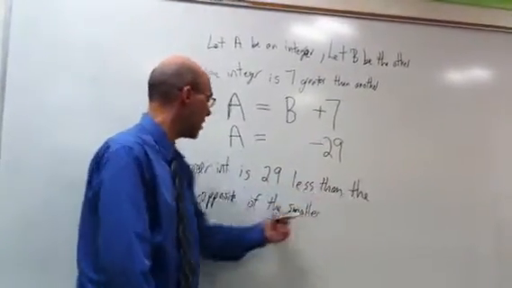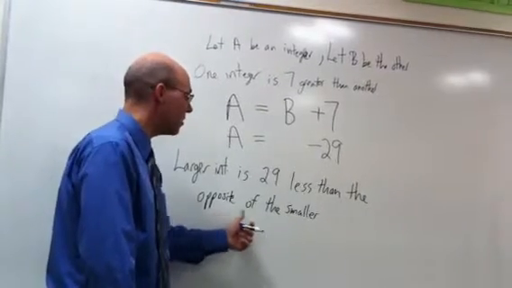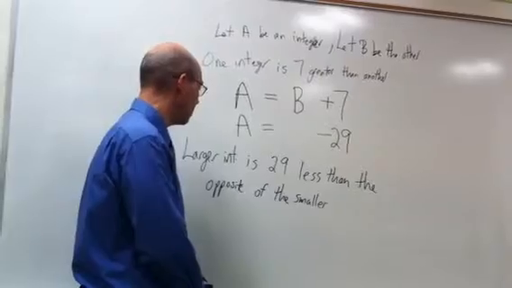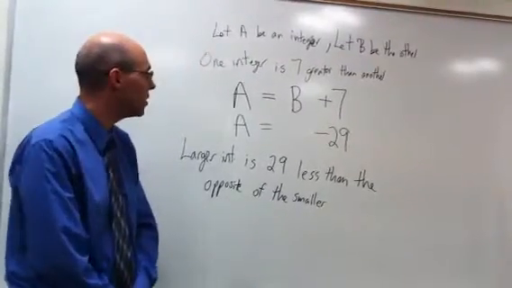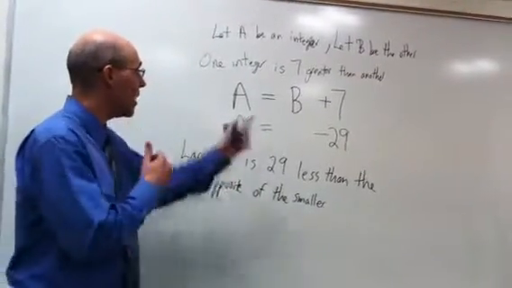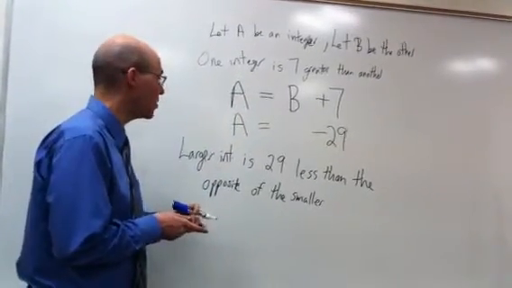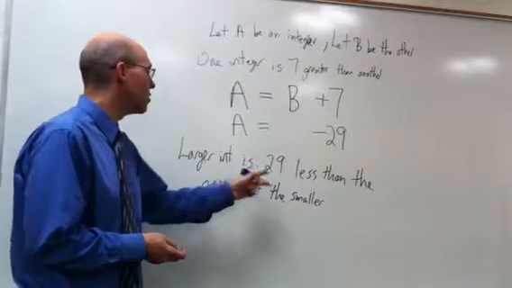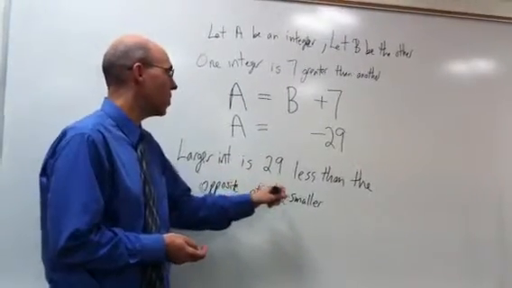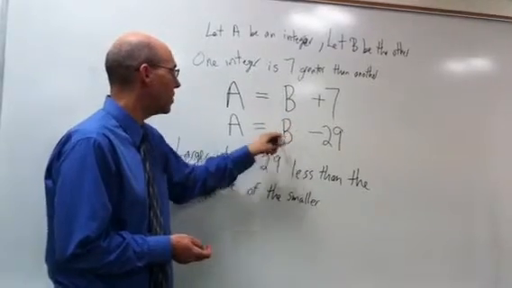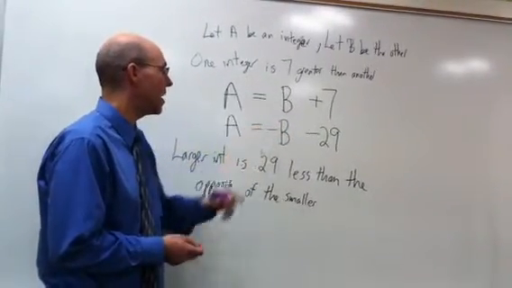It's 29 less than the opposite of the smaller. So let's see if we can't figure out what that means. The smaller, well, a is the bigger one. So take a guess as to which one is the smaller. It's going to be b. So what's the opposite of the smaller? Well, if the smaller one is b, don't forget opposite means, in math, negative.